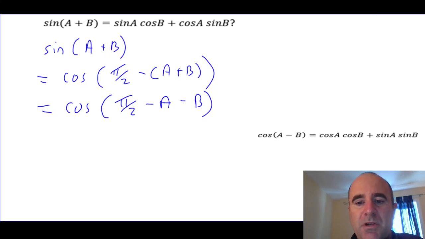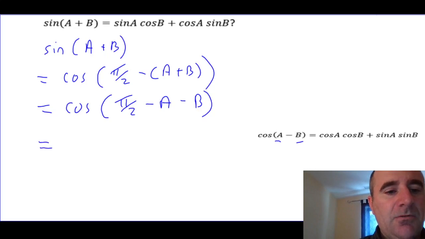And what I'm going to do is I'm going to have my A be pi over 2 minus A, and my B just be the B that's here. So I apply that formula and I write it out, and this is what I get.